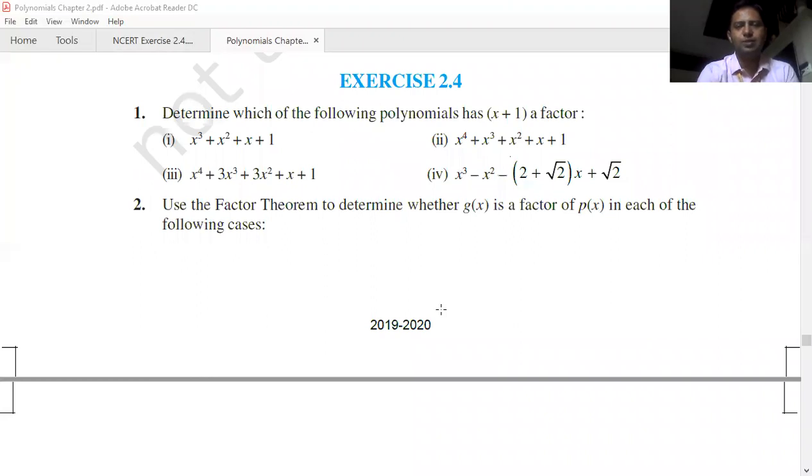X cube, that is minus 1 cube, minus 1, minus 1 square, that is minus 1, minus 1 minus, and this minus 2 minus root 2 into x, if we multiply it by minus 1, it will become plus 2 plus root 2 and plus root 2. So it will be 2 root 2 instead of 0. So it is not a factor of this polynomial.